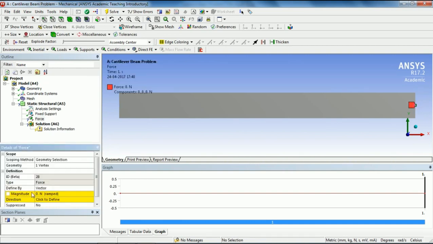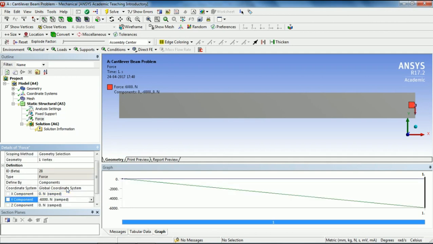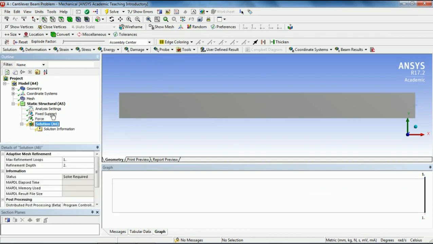Now this vector can be changed to components, and in the Y component give value minus 6000 Newton and hit OK. Now go to Solution and select Deformation Total.